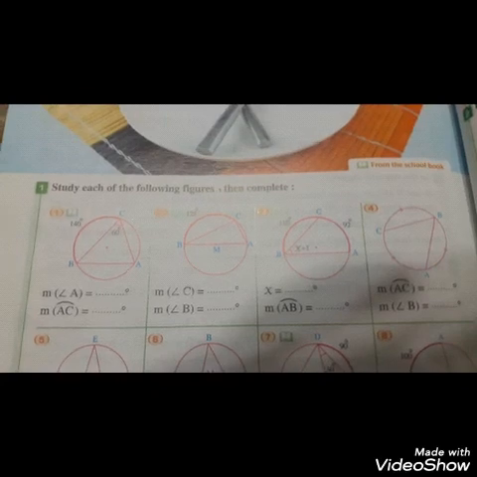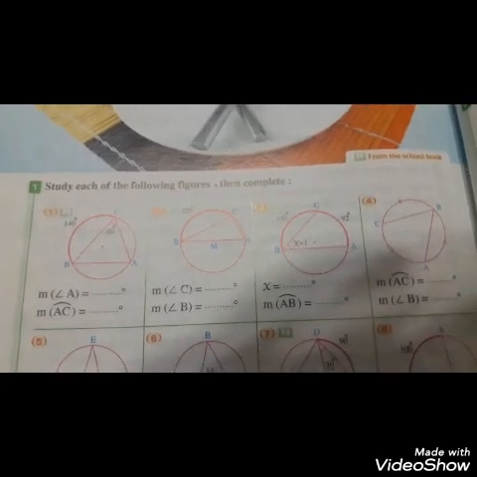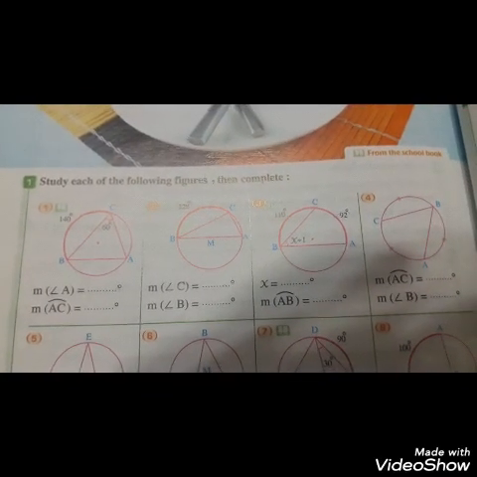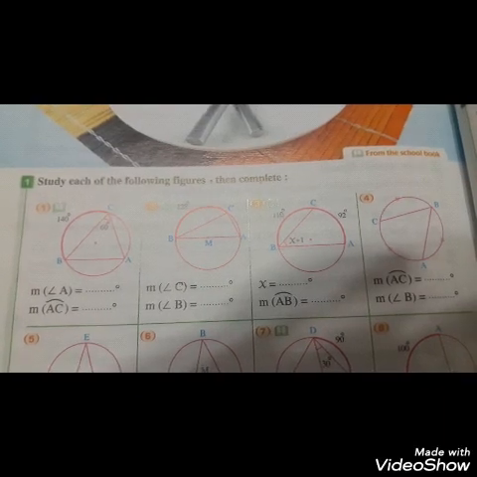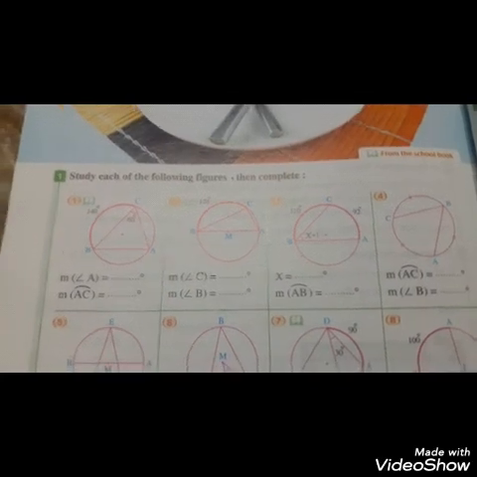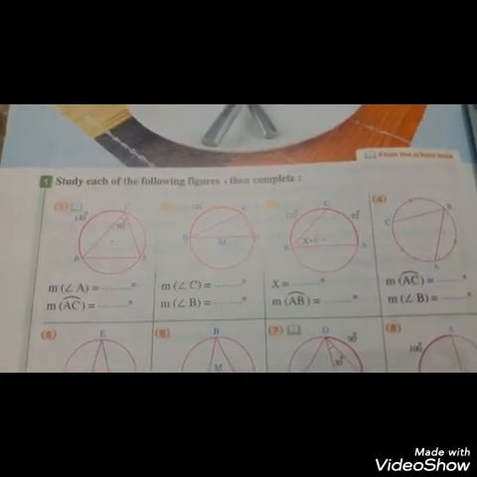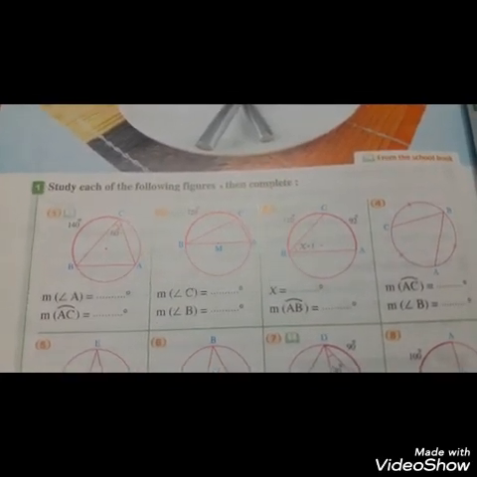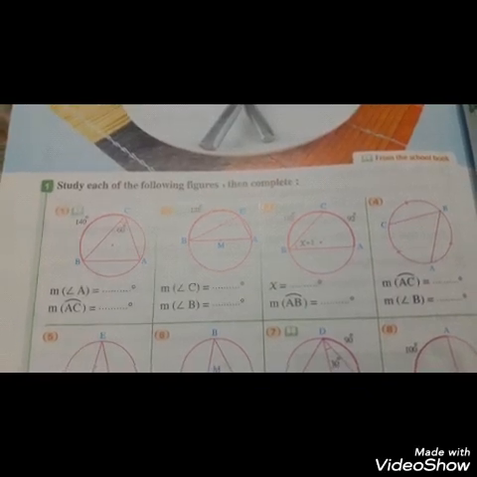Then we deduce that the measure of the arc AC equals 180 minus 128 equals 52. Then the measure of the angle B equals 52 divided by 2 equals 26 degrees.